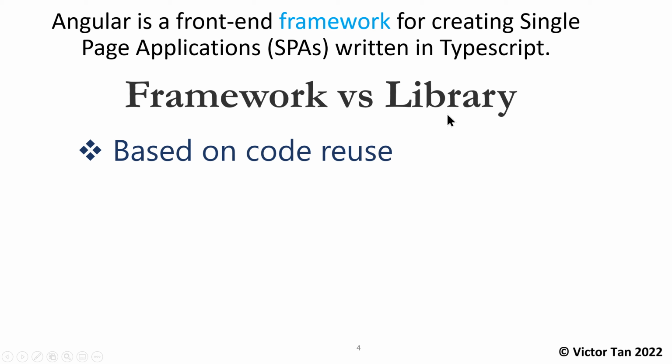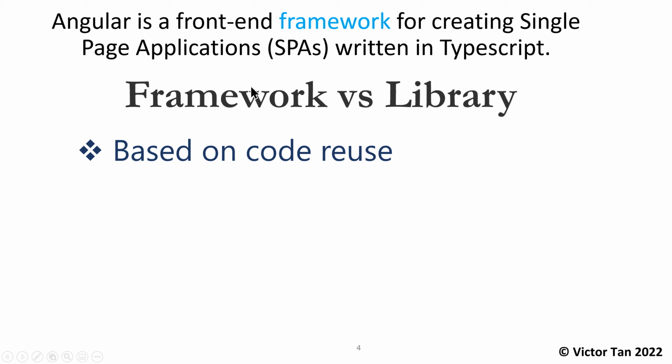If you have never worked with JavaScript before, it doesn't matter. But if you have, the most popular JavaScript library is called jQuery. So how is Angular as a framework different from jQuery? jQuery is basically a library, whereas Angular is a framework.